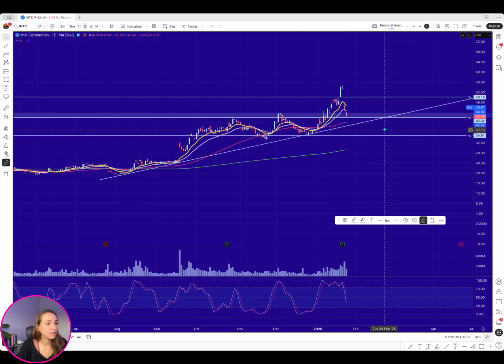Now on the daily, you could see that the weekly pretty much covers where we need to be, so there's not much I would add here. There are going to be outliers, which I won't mark up on the daily, but I will probably mark those up on the hourly.